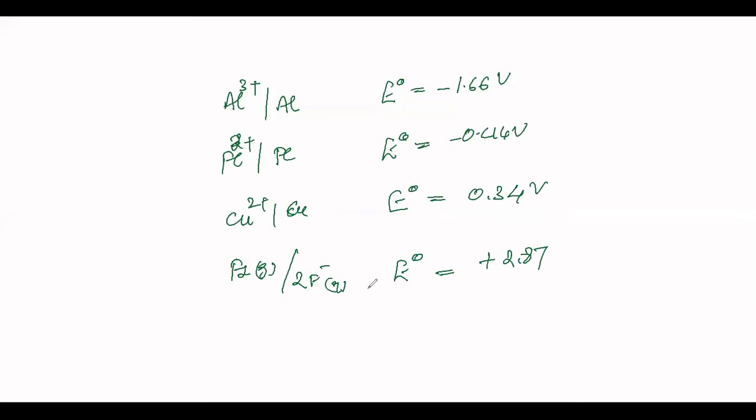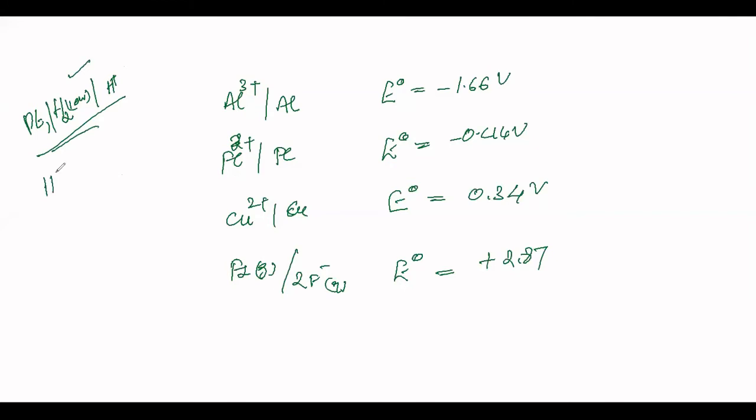Which of the following electrodes will act as anode when connected to the standard hydrogen electrode? Standard hydrogen electrode, that is Pt, H2, basically. You can write this as H2 gas at 1 atmospheric pressure and then H+. So this is the representation of that. When it acts as anode, you can represent it like this.